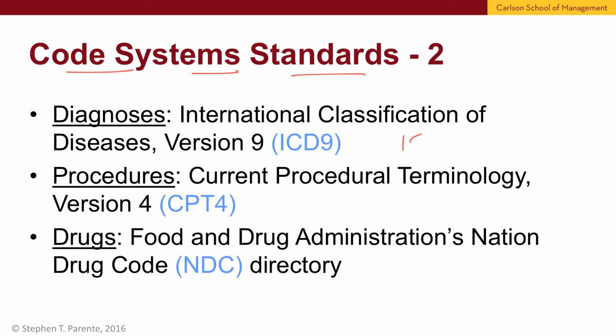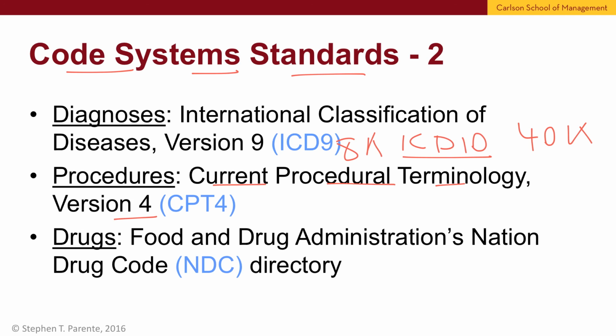Actually, we're now finally, knock on wood, on version 10, which was invented in 1992, but it took really 2 decades to come online. This one's still the same: Current Procedural Terminology, version 4. You will see ICD-9 codes still in operation. ICD-10 is about 40,000 codes versus the ICD-9 code set, which is closer to 8,000 operational codes. And there are going to be a lot of transitions here.